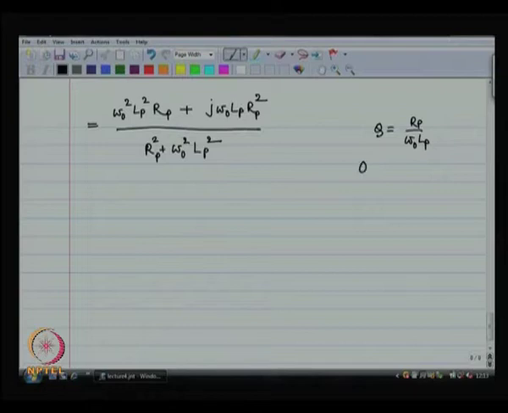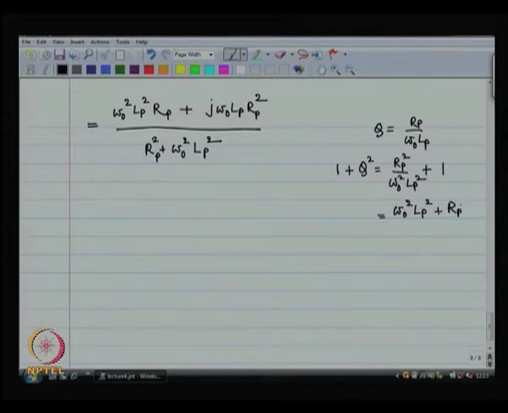Therefore, Q squared is equal to Rp squared by omega 0 squared Lp squared, and 1 plus Q squared is this plus 1, which happens to be equal to omega 0 squared Lp squared plus Rp squared by omega 0 squared Lp squared, right.